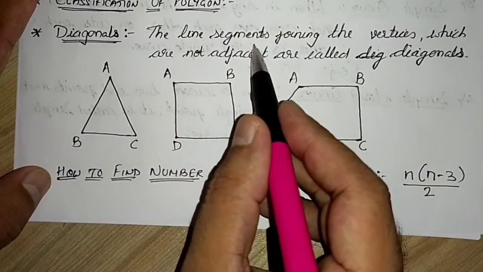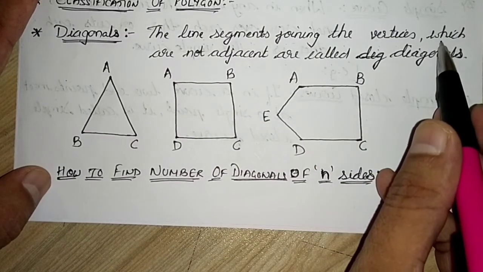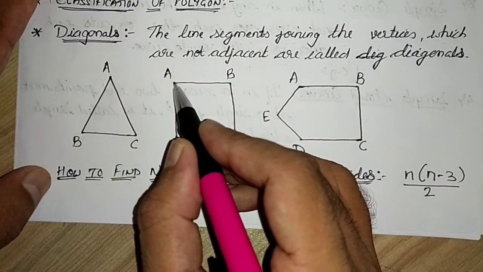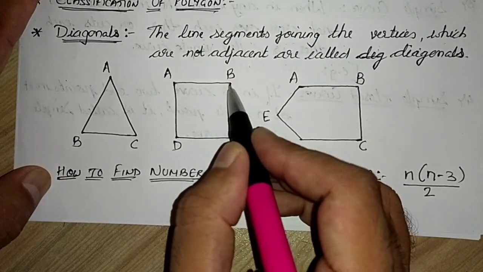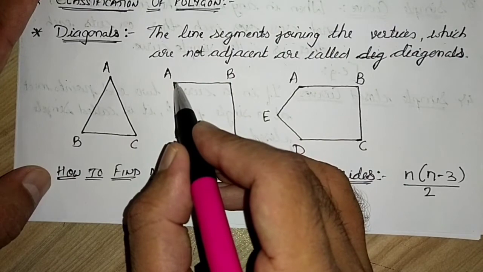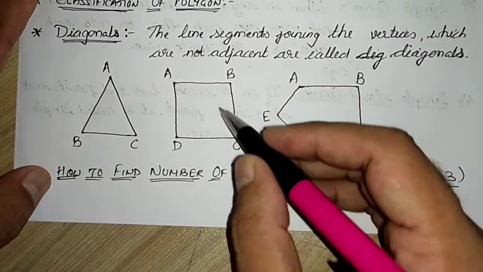So line segments joining the vertices, but what? Which are not adjacent. That means if I am taking this vertex, I must not join it to this one because it is an adjacent vertex. Adjacent vertices of A are B and D. So you must join to C only.